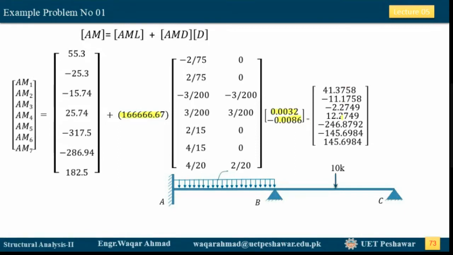Now you need to draw the shear force and bending moment diagram. So quickly draw the shear force and bending moment diagram for this problem. This is your class activity, and after that I will go to the next problem.